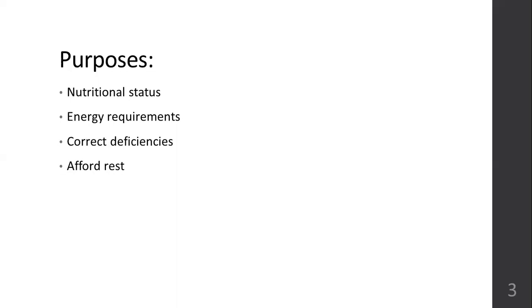If the GI system can handle the nutrition easily and it is not causing any inflammation, automatically the patient will be well rested. Metabolic ability should be stabilized. Changes in body weight, usually weight loss menu, weight gain menu, they all come under different sections of diet therapy.